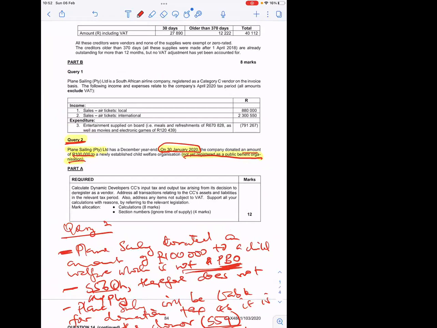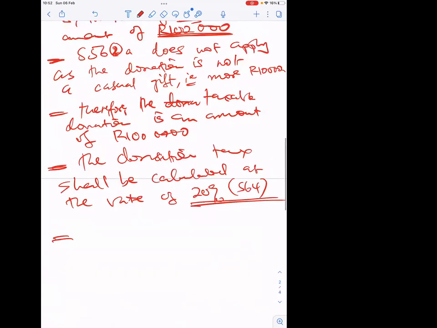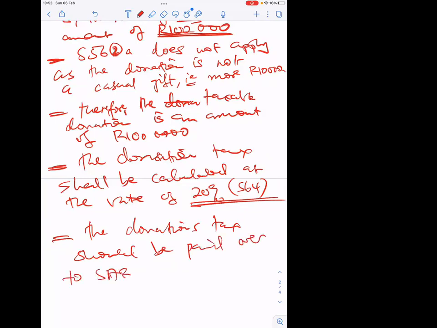So don't get yourself into a needless trap. Then I would say that the donations tax should be paid over to SARS by 29 Feb 2020. I indicate section 60, subsection 1 is the one that says so.